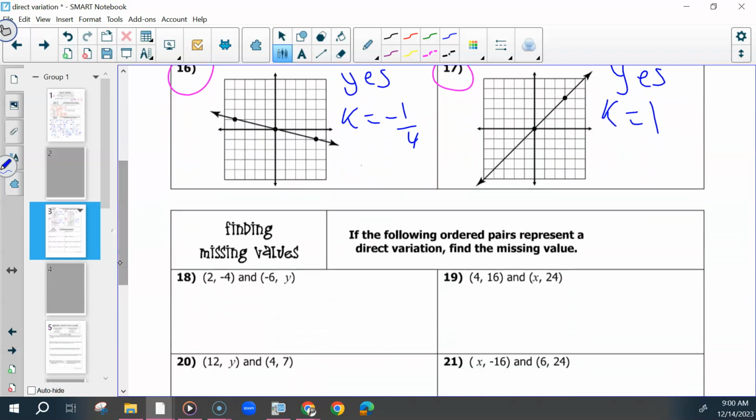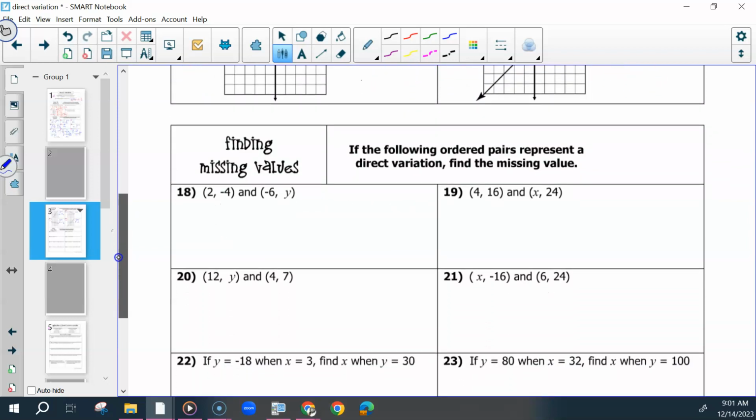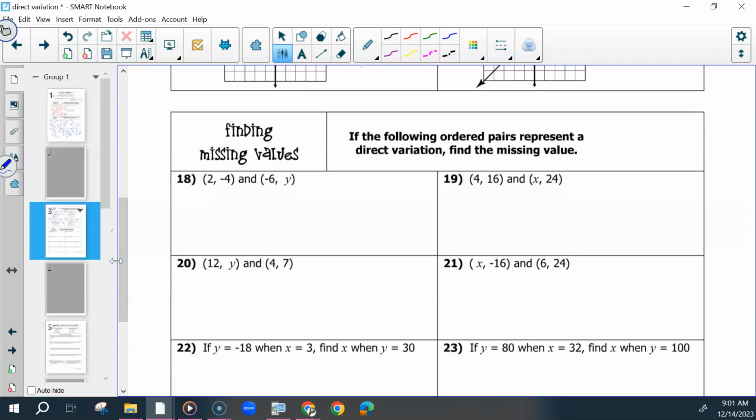Alright, so now that you know how to find if it's direct or not based on the equation and the graph, now we're going to actually use that to find missing values, which is really what you use direct for. What's nice about this is we're going to be using the equation, y equals kx, and k equals y/x. We're going to be using those two.